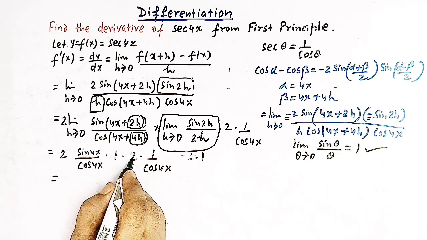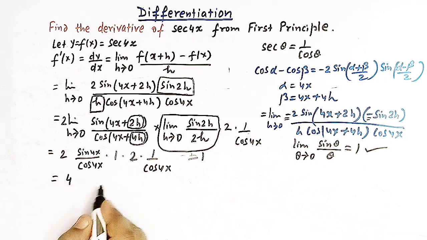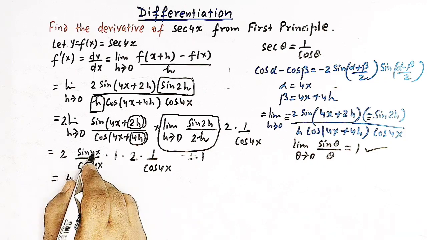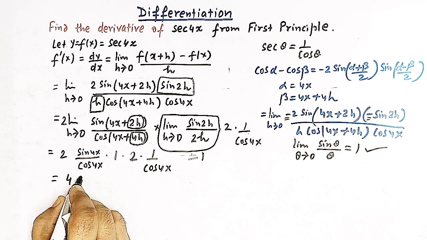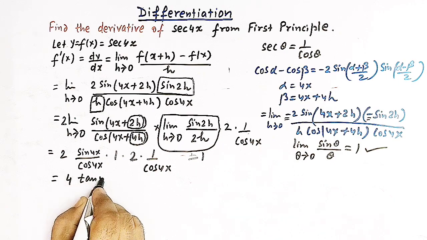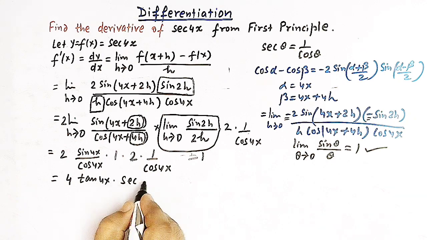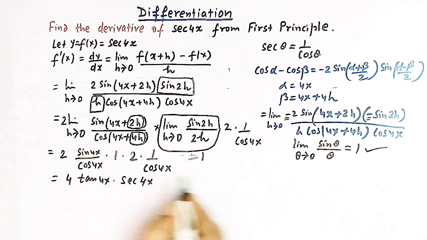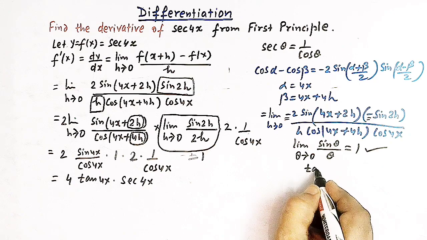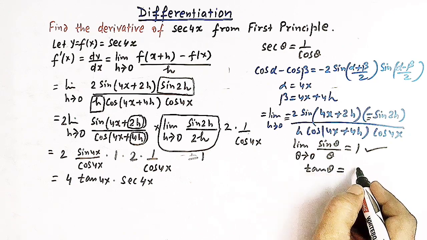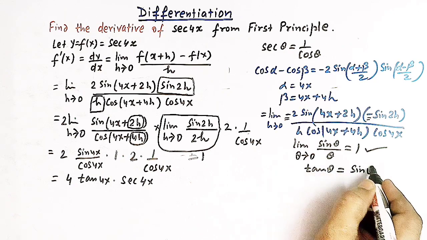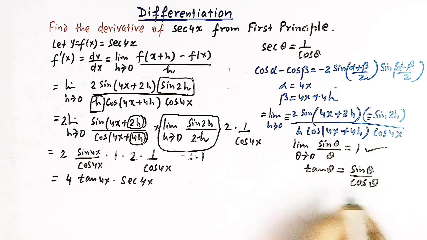So 2 times 2 is 4, and sine 4x over cosine 4x is tangent of 4x, and 1 over cosine 4x is secant of 4x. So here we have used this result, that is tangent theta is equal to sine theta over cosine theta, right?